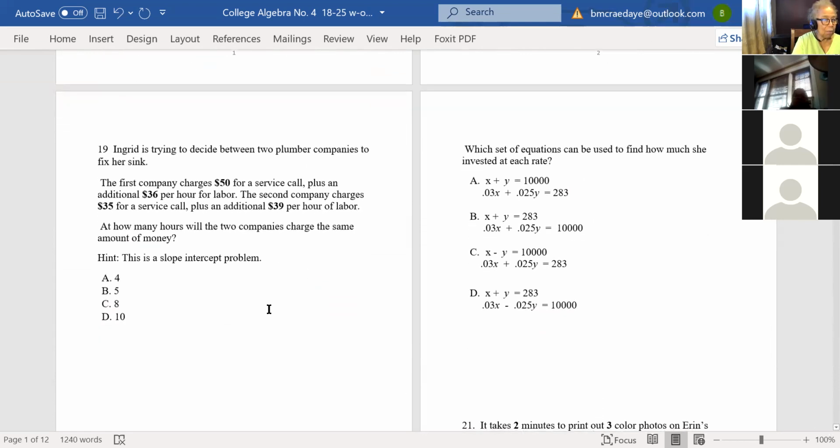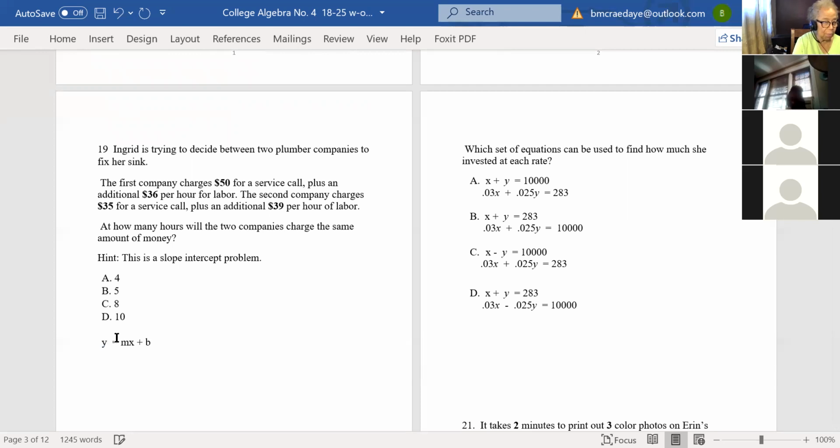Now, the way you solve 19, first you want to set up the first company's charges and the second company's charges. And when I say slope intercept, that means it's y equals mx plus b, the general formula for a linear equation, where m is the slope.